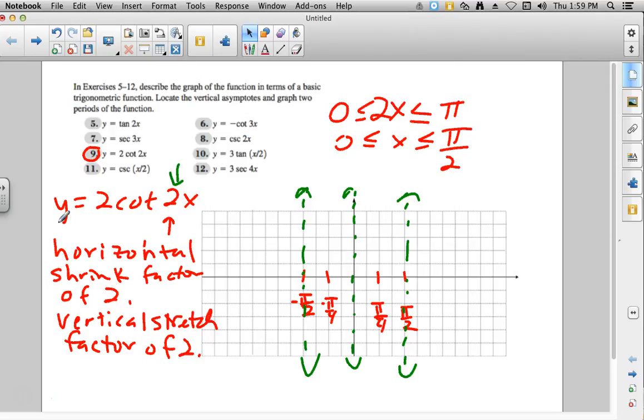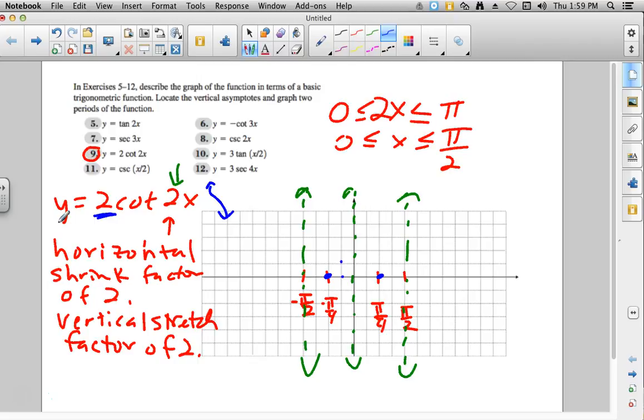And like I said, we know that for cotangent, we're definitely getting a 0 right between those asymptotes, immediately in the center. And then when we look at cotangent, we have to remember cotangent is always decreasing. So with this one, we have to make sure it's decreasing, and we have to make sure that we're going to go through 2. And normally, without that 2 in there, we would go to the right one and up one when we're talking about these graphs.